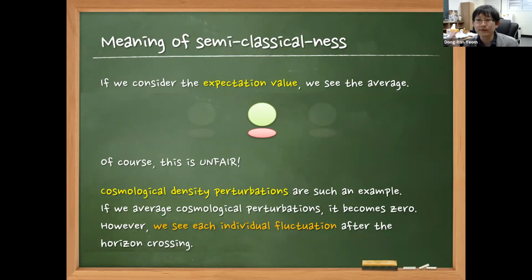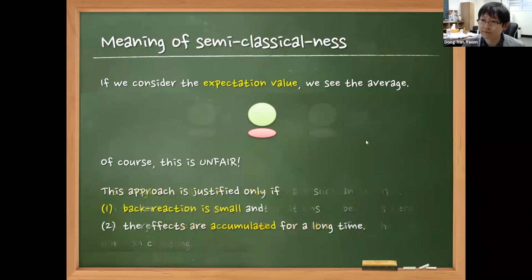However, in our universe, we see individual fluctuations because after horizon crossing, we select only one specific fluctuation, for example the left one or the right one, and then we see the structure of the entire universe. Therefore, when you average out all the quantum fluctuations, you need to be very careful. You cannot use it at any time.